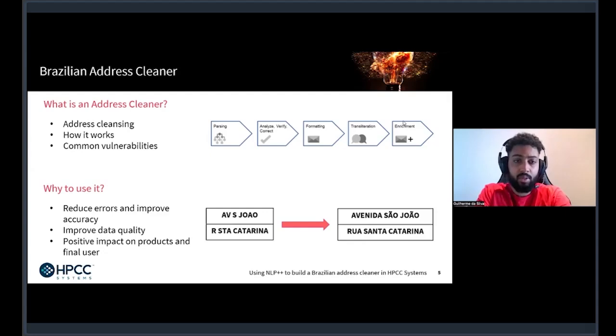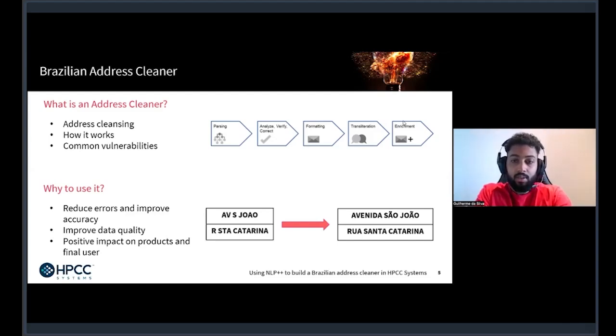The second step would be the validation against postal data. The third step would be the formatting, so addresses are structured according to international postal standards, in this case, the Brazil standard.